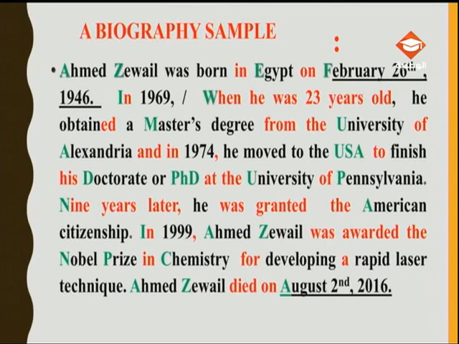Now I draw your attention to the letters written in green. Why? This is very important. Earlier I explained that when we correct your writings, we take into consideration the mechanics of writing, and one of the components is capitalization. So when do we use capital letters in English?